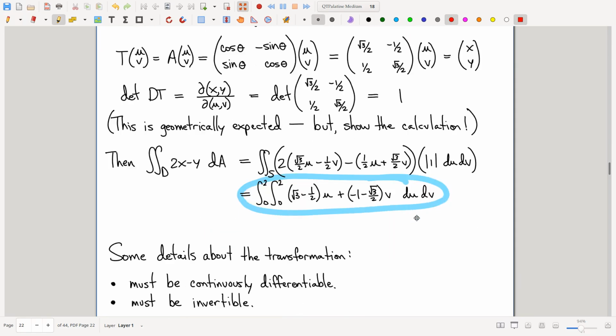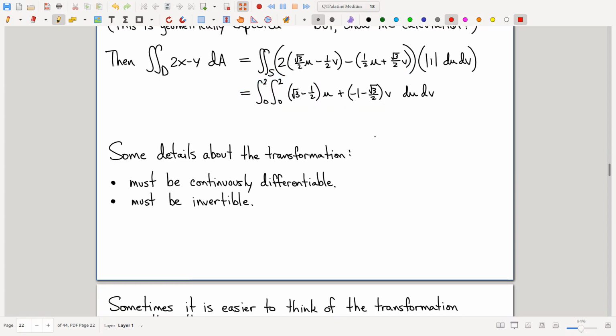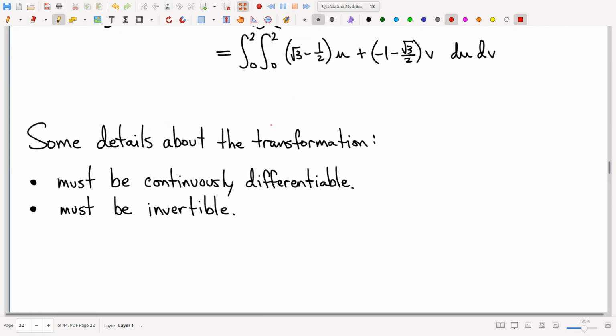Okay, so a couple of little things that have to get said. These are, I'm going to say, kind of formalities. Technically, we need for our change of variables function to be continuously differentiable. You're not going to have any temptations to use any that aren't continuously differentiable, but nevertheless, it's got to get said. Now, here's the one that actually is potentially a little bit of an issue. This isn't going to be the focus of this course, so we're not going to have any such issues.